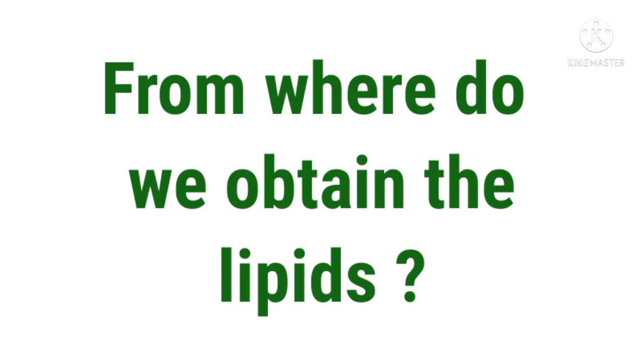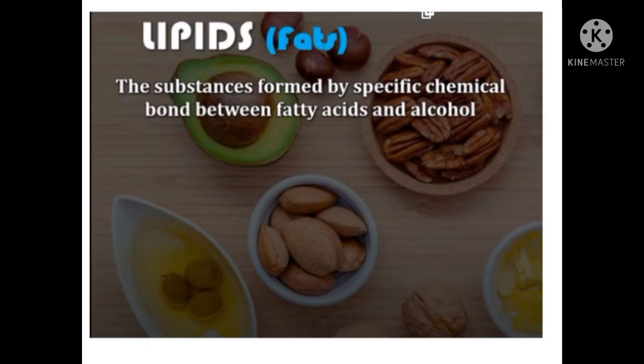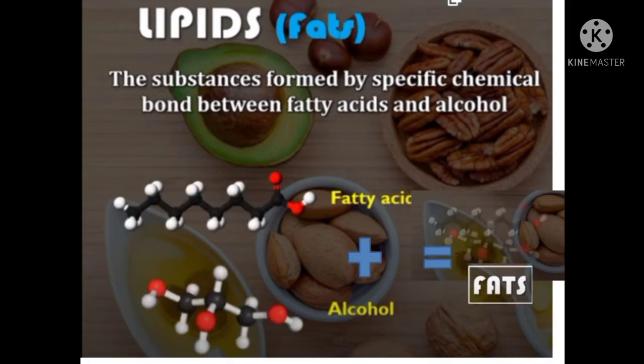Students, can you recall from where we obtain lipids? The substances formed by a specific chemical bond between fatty acids and alcohol are called lipids. Digestion of lipids consumed by us is nothing but their conversion into fatty acids and alcohol.